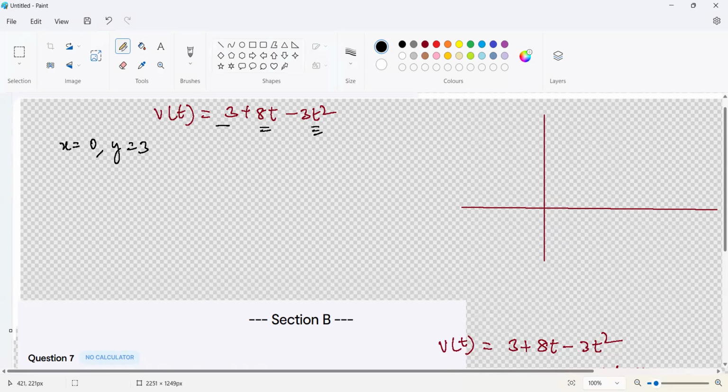And what is the value of t when y is 0? So I'll need to solve this, which can be written as 3t squared minus 8t minus 3 is equal to 0.